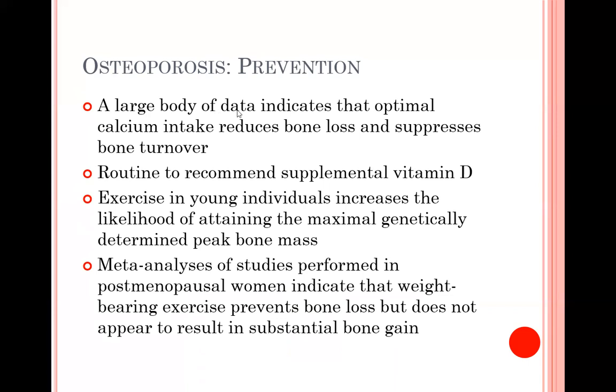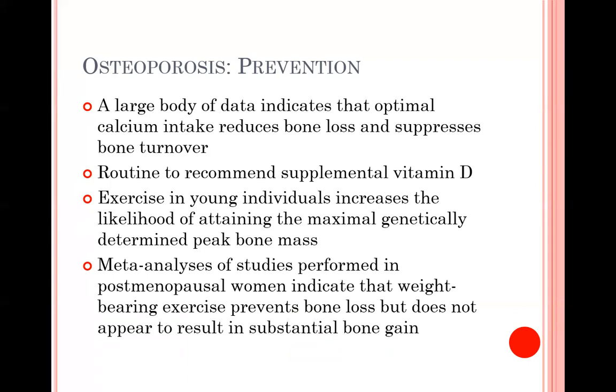So for prevention of osteoporosis, a large body of data indicates that optimal calcium intake reduces bone loss and suppresses bone turnover. Routine to recommend supplement of vitamin D. That's a really important aspect as well, vitamin D. Exercise in young individuals increases the likelihood of attaining the maximal genetically determined peak bone mass.